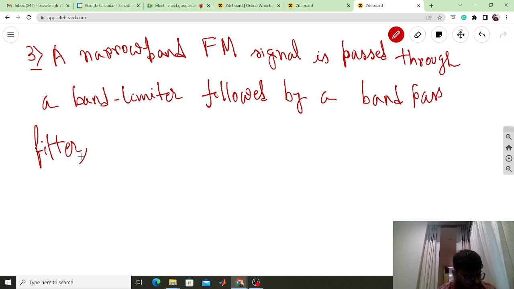Why should we do that for an FM signal? I am giving 4 options.